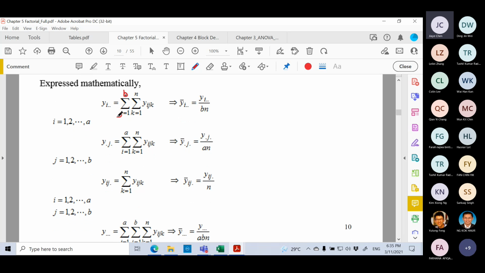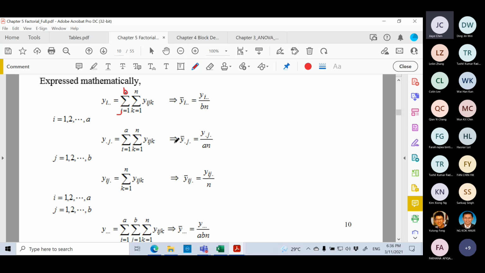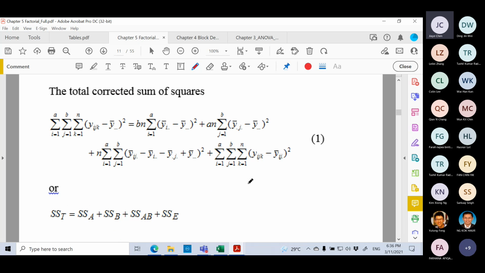Later on, when we want to break down the components of sum of squares, we can break it using the following formula, and then we can further use this for the calculation. The y triple dot is the summation overall, and the y triple dot bar will be given by the average value here. So now we go to the sum of squares.